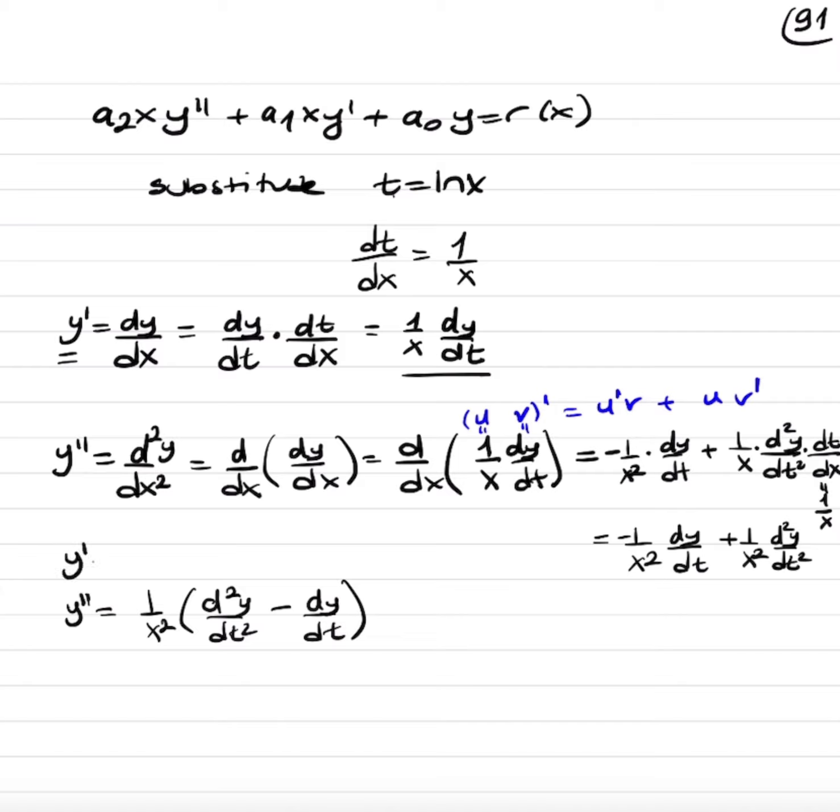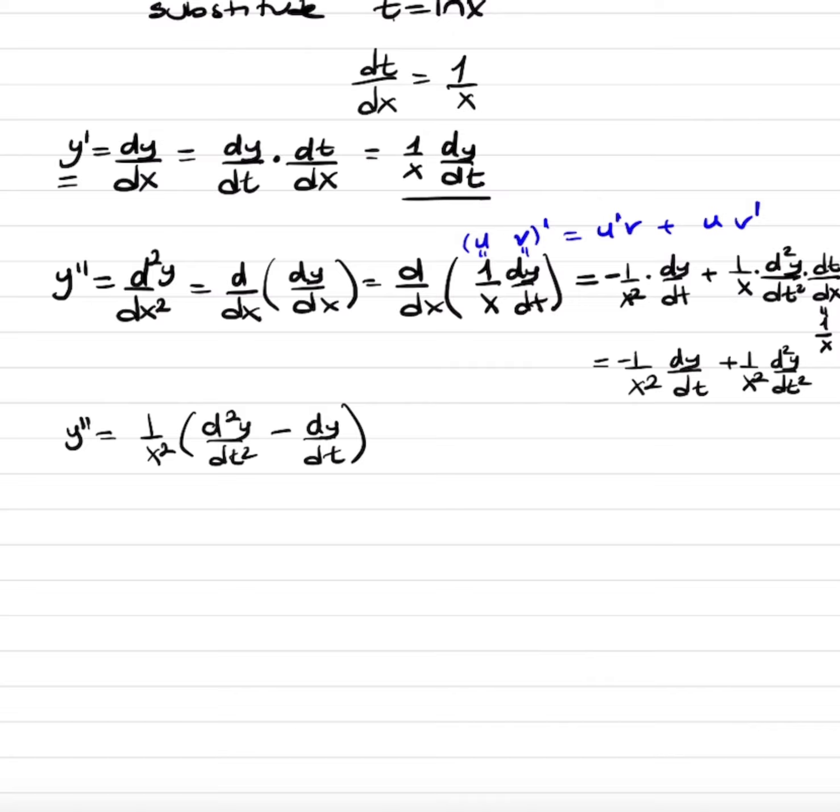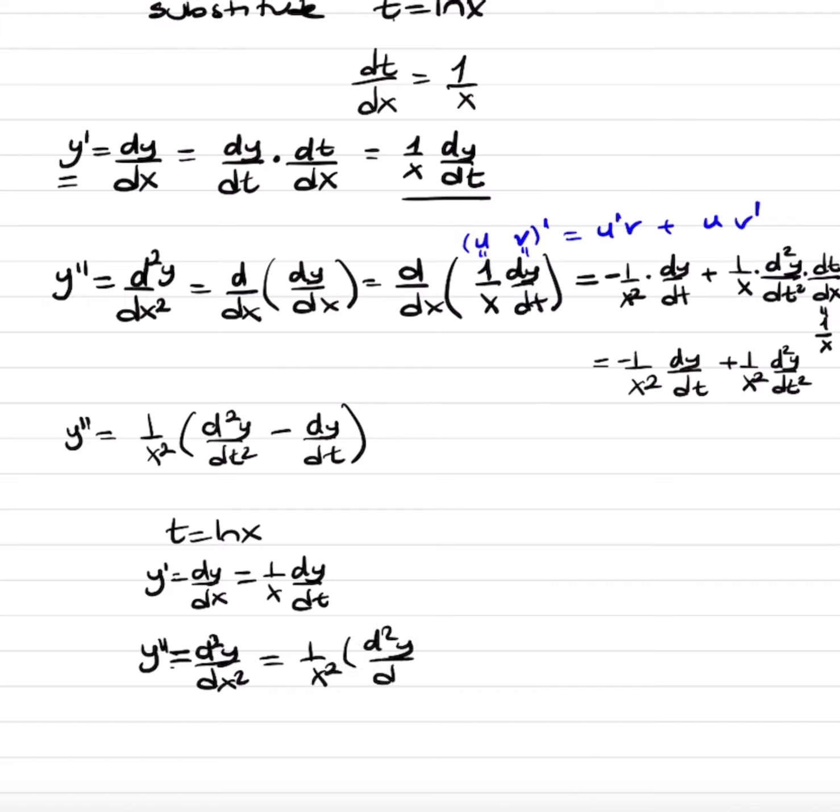Okay, so in summary, let me write it down. We will substitute t equals ln x, then y prime, or dy over dx, is equal to 1 over x dy over dt, and y double prime, d^2y over dx^2, is equal to 1 over x^2 times d^2y over dt^2 minus dy over dt.